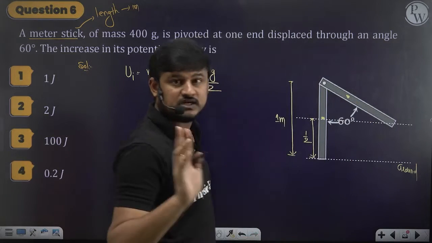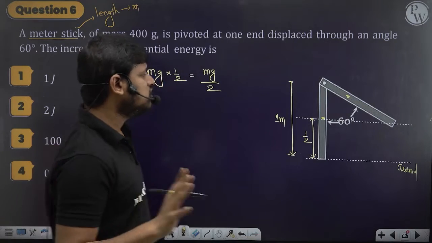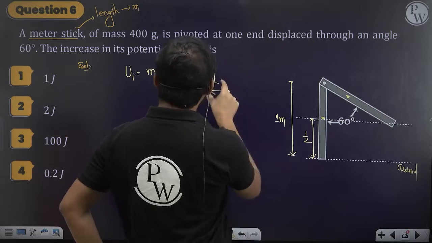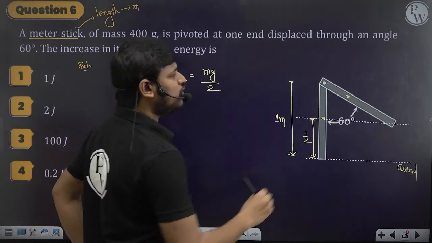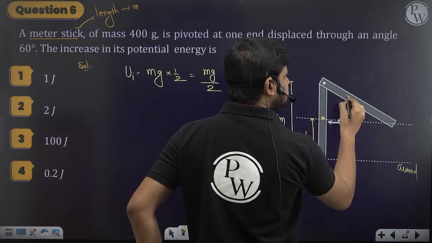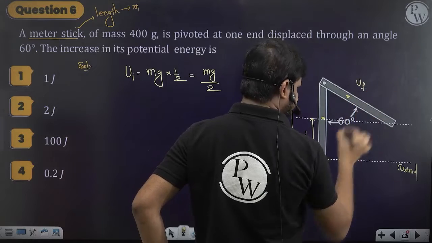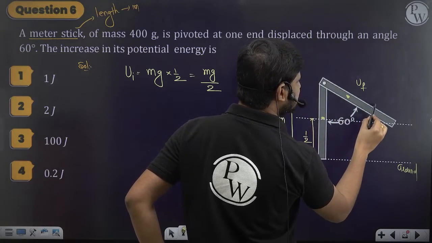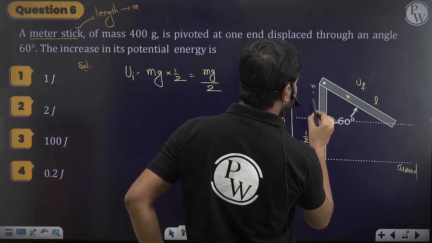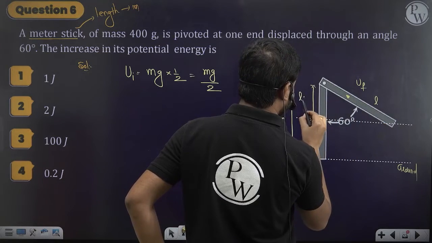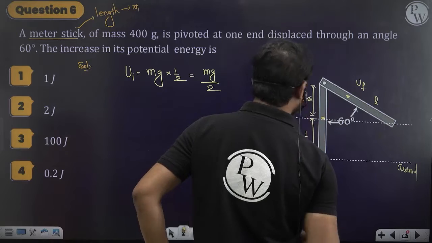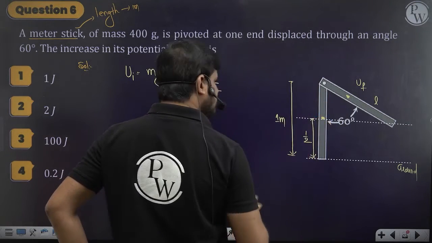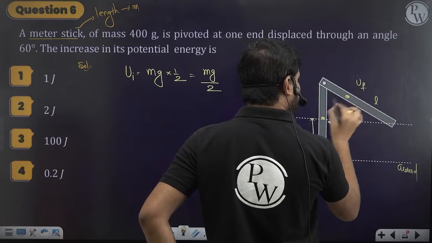Don't commit the mistake here. This is already L by 2, which is half, the initial potential energy. So what will be its final potential energy? From here to here, if you consider this as length L, it is going to be L cos 60. But which length should we consider here? Its center of mass moved to this point, yes or no?